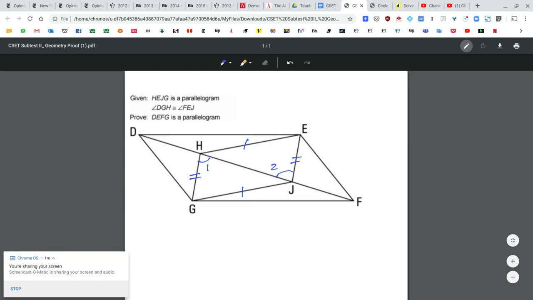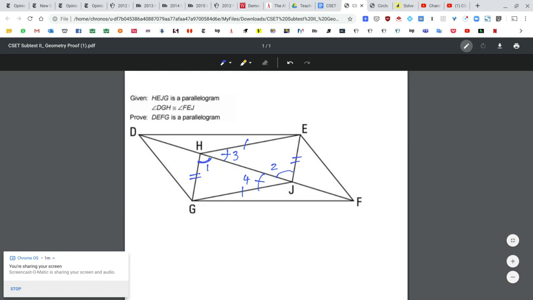Because these sides HG and EJ are parallel, you can form a Z. So the vertex angles of the Z are congruent. Similarly, angle 3 is equal to angle 4. Again, these are alternate interior angles because HE is parallel to GJ. So those are parallelogram properties.